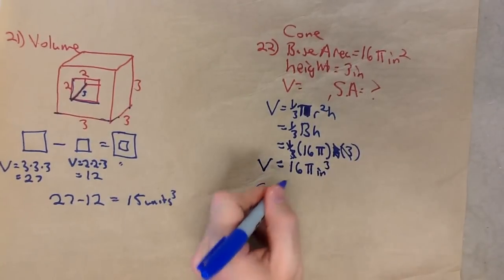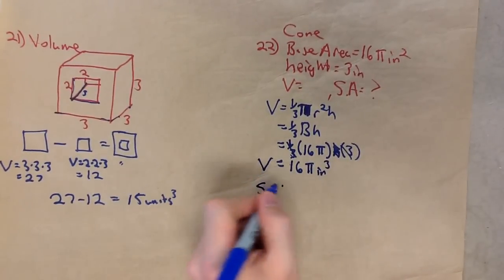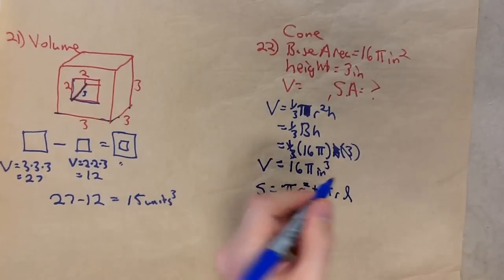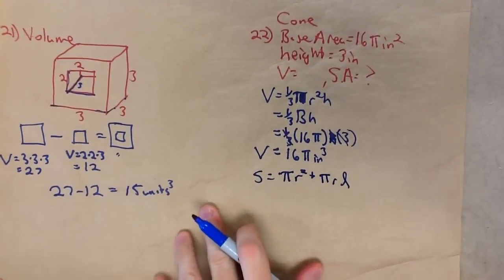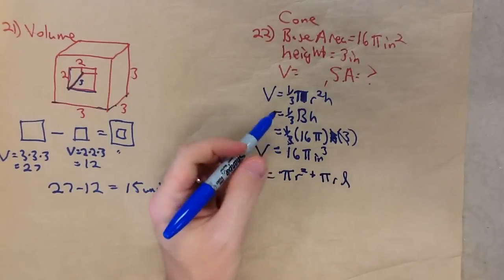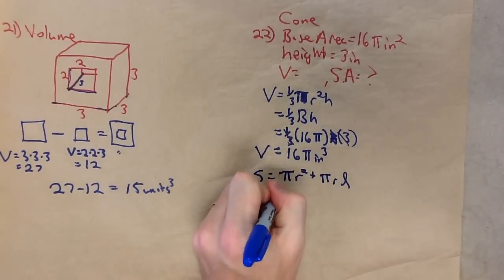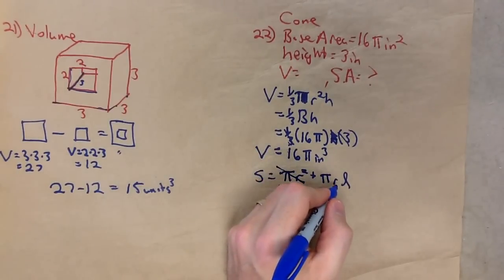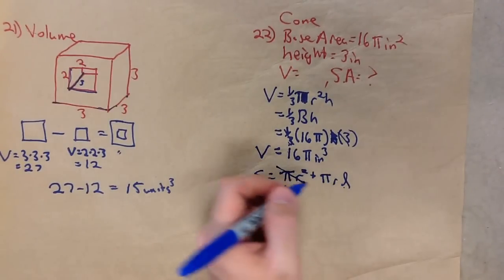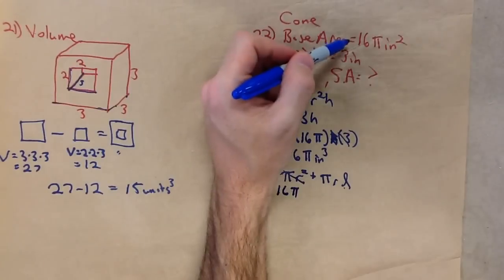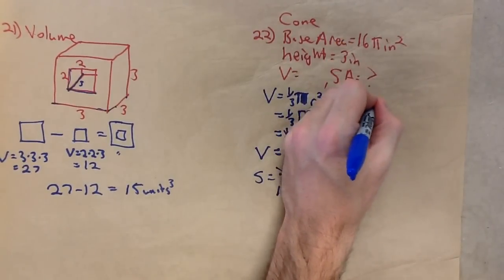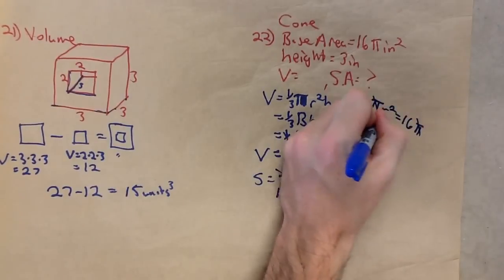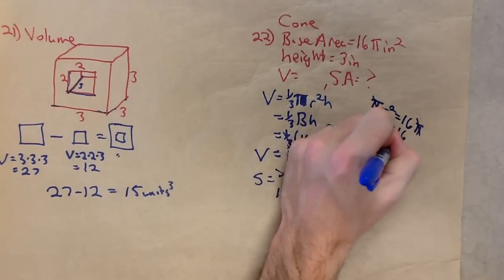For surface area, the surface area formula is pi r squared plus pi r L. Now, I know the base area is 16 pi. That's taken care of. Well, I don't know the slant height, I don't know the radius. But let's think back at this. If the base area is pi r squared, and that's 16 pi, isn't the radius just 4?